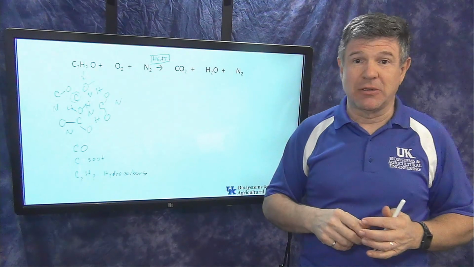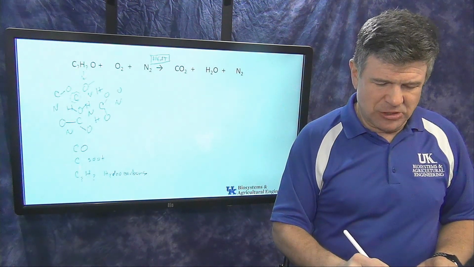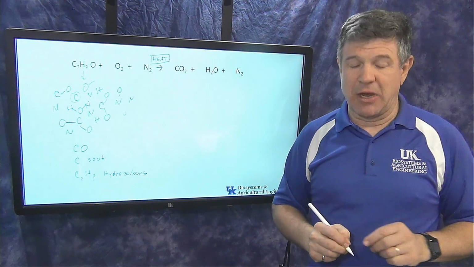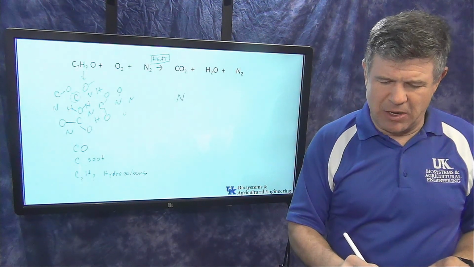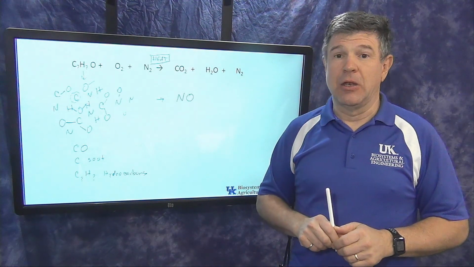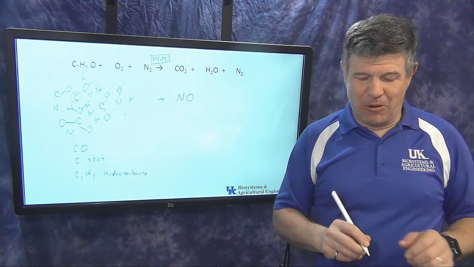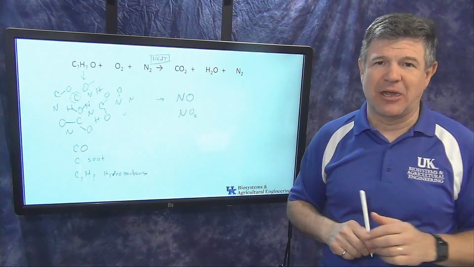So what do they find? They look around and see what they can grab. Oh, man. So maybe there's an oxygen over here or two with these nitrogens. And so one of those nitrogens might grab an oxygen. And so instead of going out as N2, it's going to be going out as NO. We call that nitric oxide. Not good, right? Or it might be NO2, nitrogen dioxide, nitrous oxide.